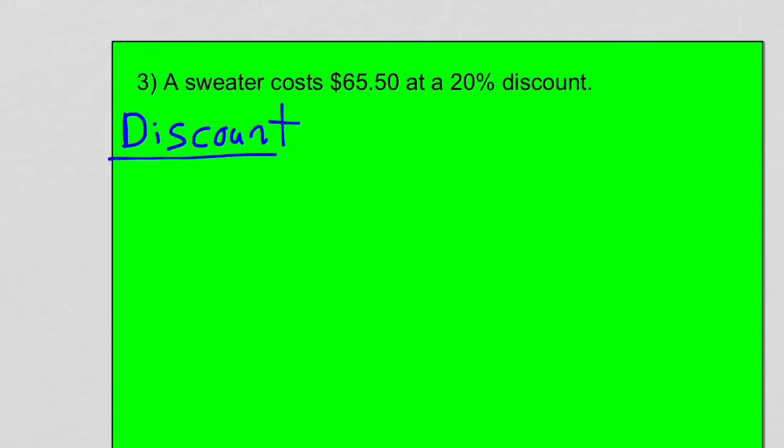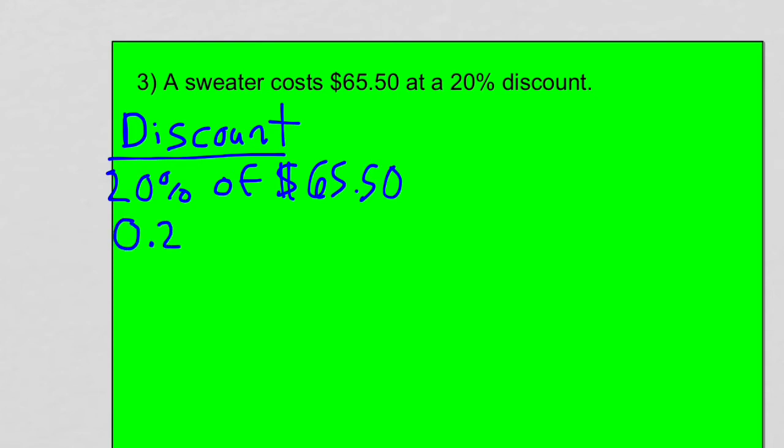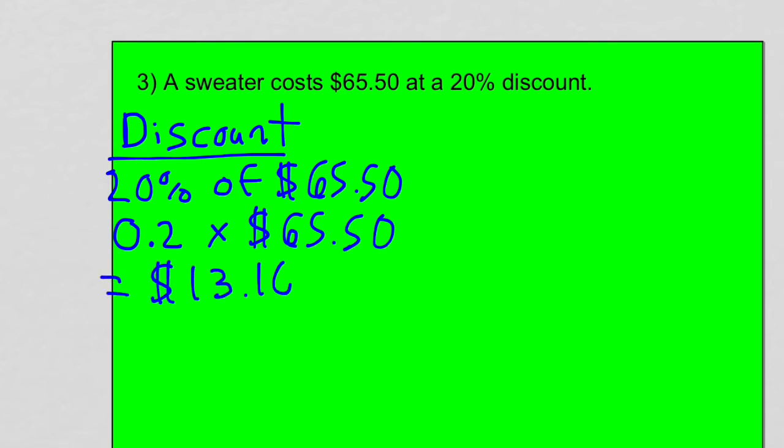And the discount on this sweater is 20% of $65.50. Change that to a decimal, it's 0.20 or 0.2 times $65.50. When you work that out, you get that's $13.10.